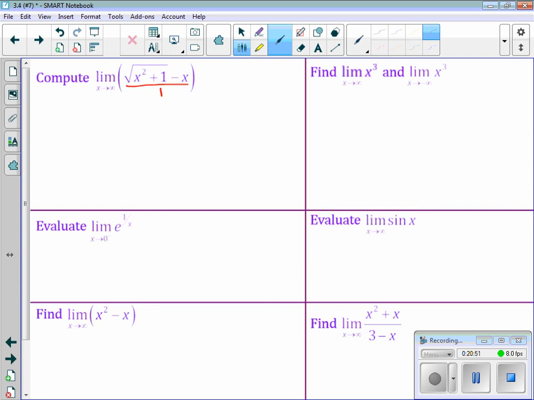Sure. Ideas? I just did it today. Conjugate.